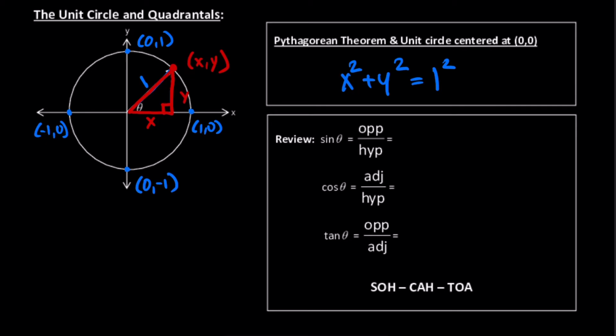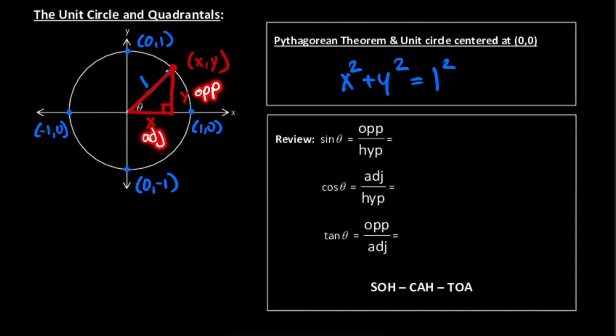Okay, now let's flash back to geometry, algebra 2, and talk about SOH CAH TOA. Sine, cosine, tangent. Sine of the angle is opposite over hypotenuse. Cosine of the angle, adjacent over hypotenuse. Tangent of the angle, opposite over adjacent. We'll look at where your angle is, right here. What do we know? This is opposite.